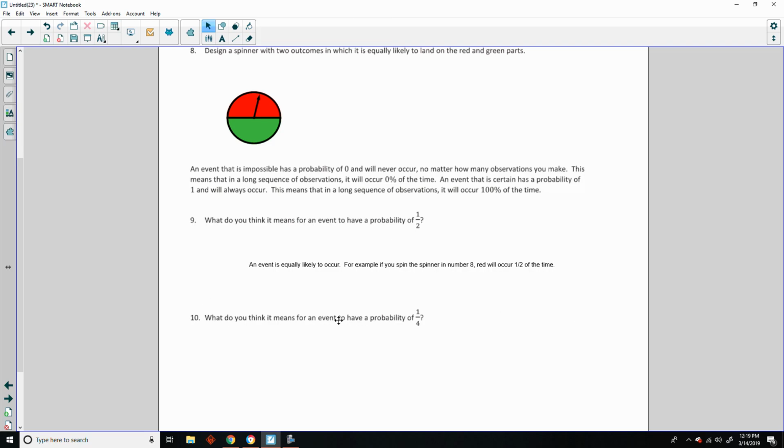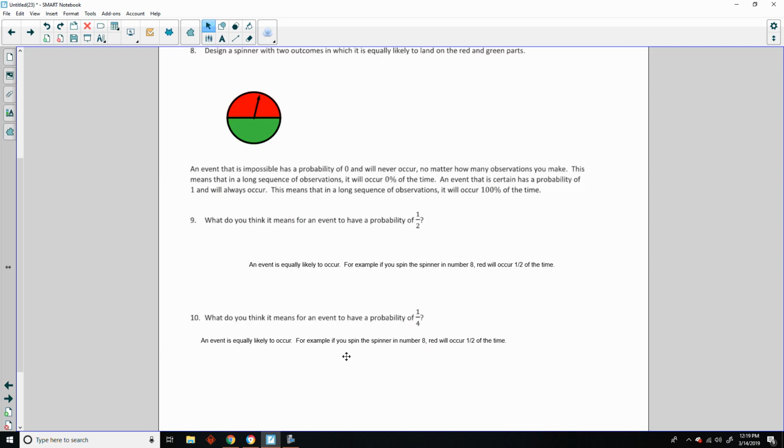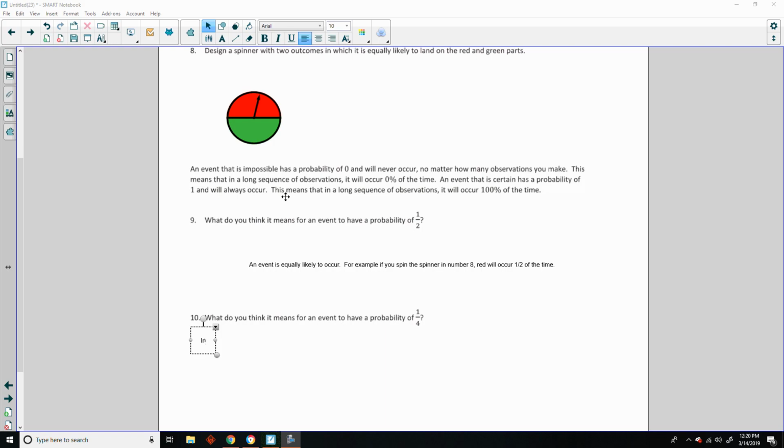What do you think it means for an event to have a probability of 1/4? Okay, the answer is going to be very similar, so I'm going to copy this down. No, that's not going to work. Okay, I'm going to try to use their wording here.